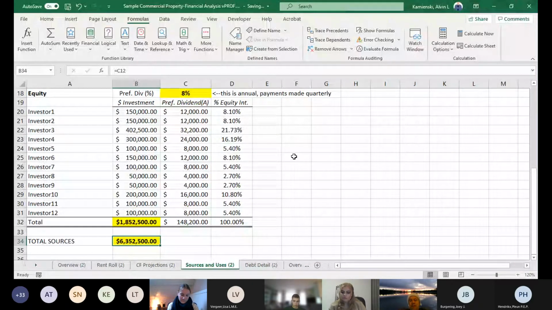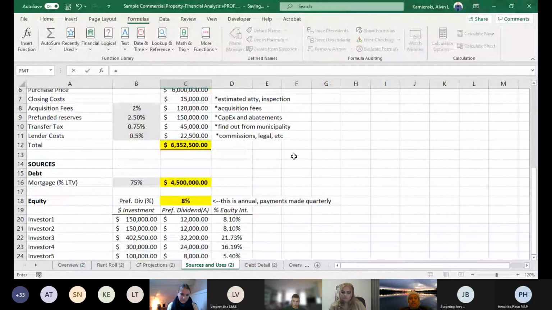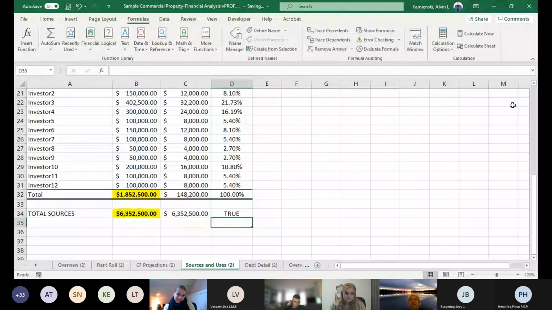So we have to make sure that the amount that the bank gives us plus the amount that investors give us, these numbers had better be the same. Otherwise, we're going to have a shortage. Our total sources need to match our total uses, where the margin is often made up by an investor.